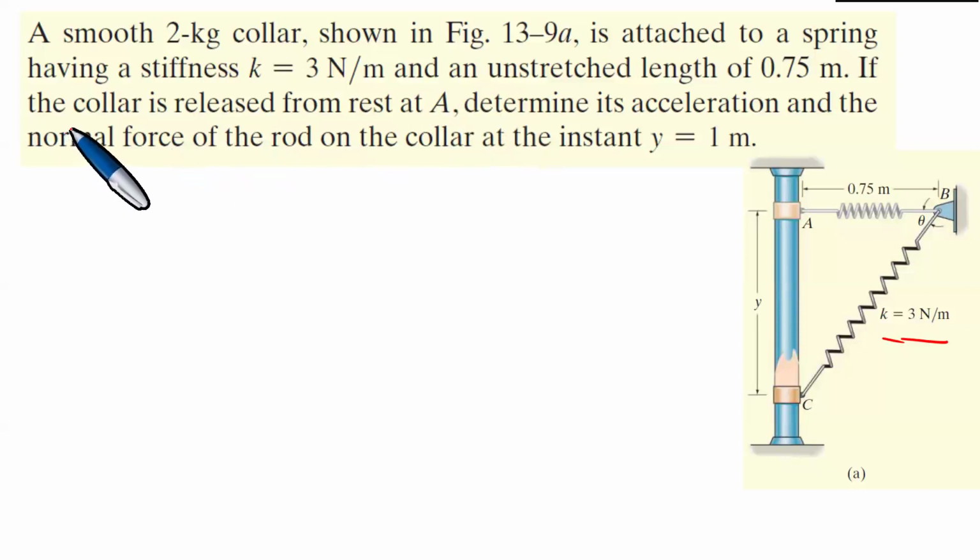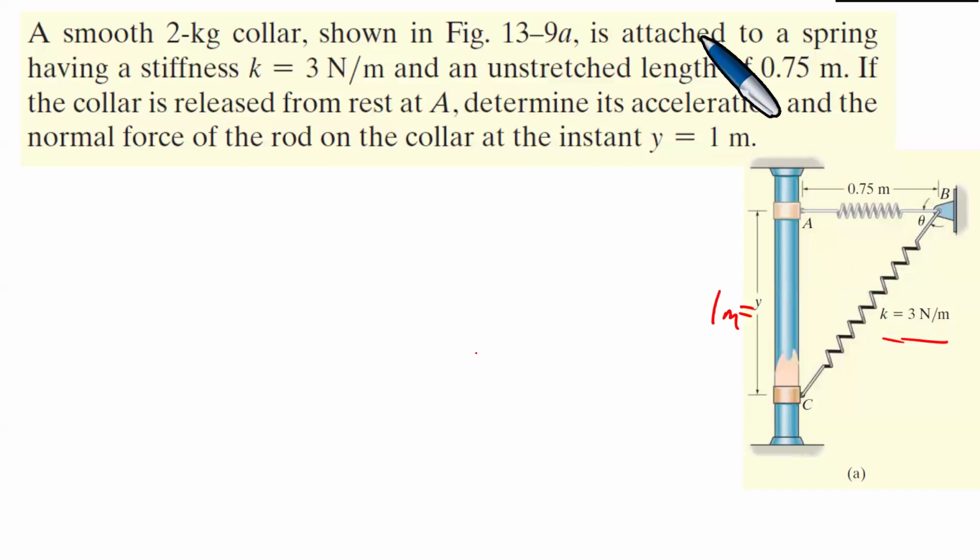If the collar is released from rest at A, determine its acceleration and the normal force of the rod on the collar at the instant that y equals exactly 1 meter.